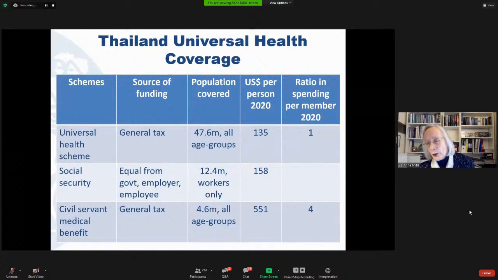In fact, you can already see that there must be quite an inequality between the universal health scheme and the social security scheme, because you'd expect the working population to have much lower health needs than a population covered by the universal health scheme that covers the elderly and children as well.